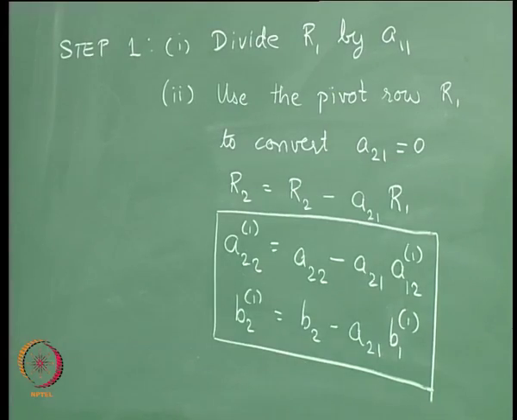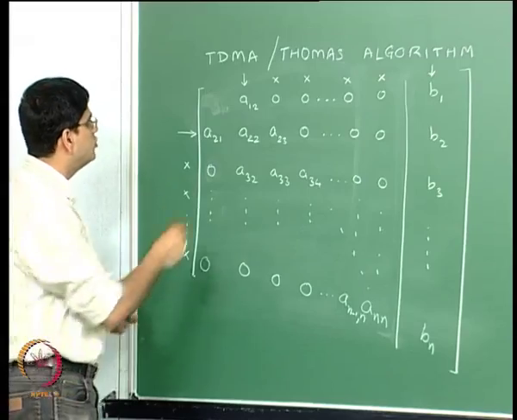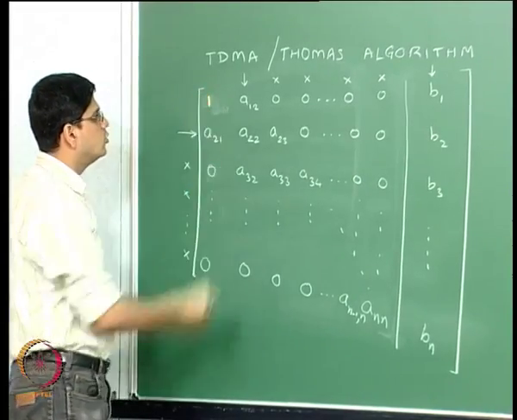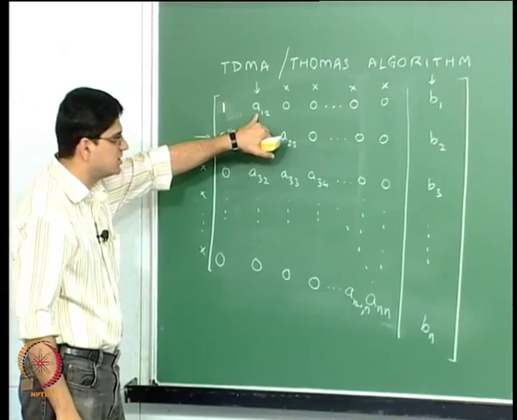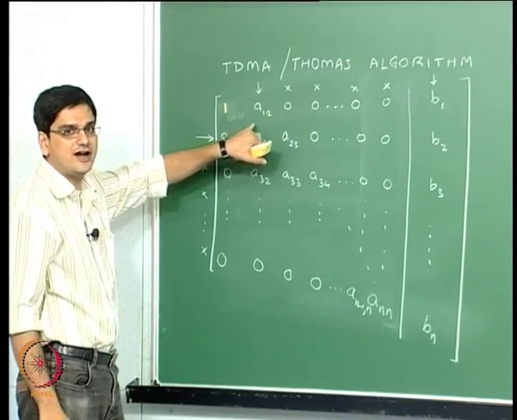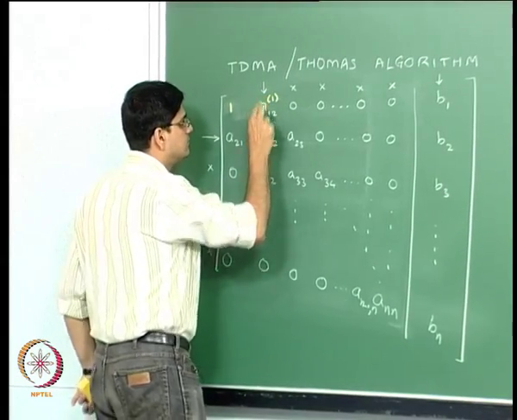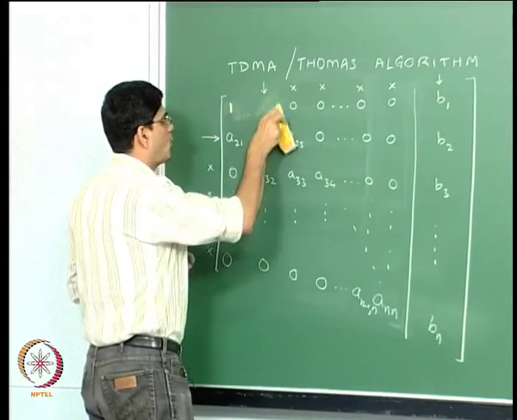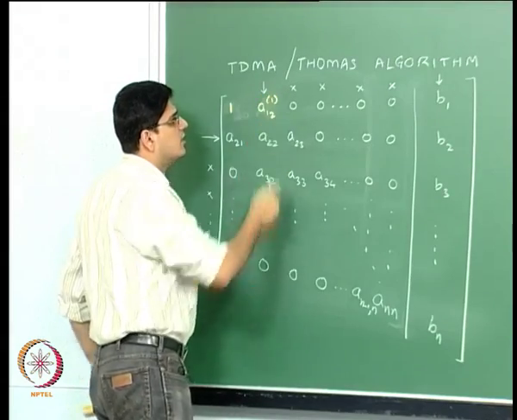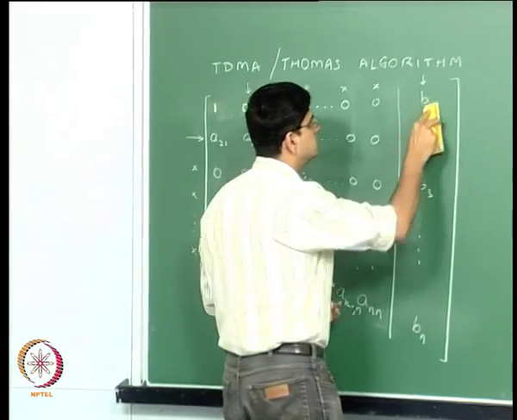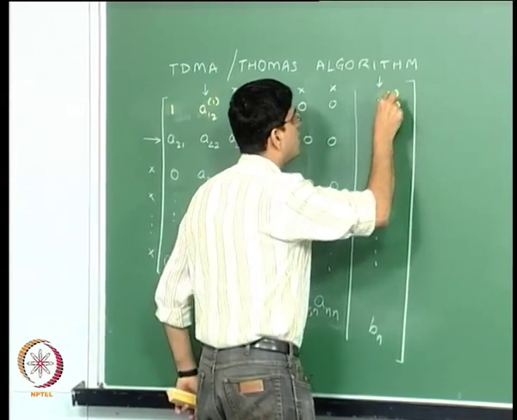Okay. So, what that amounts to is this guy, when we divide throughout by A11, becomes equal to 1, A12 becomes A12 divided by A11, which we will write as A121, and B1 becomes B11. Okay.